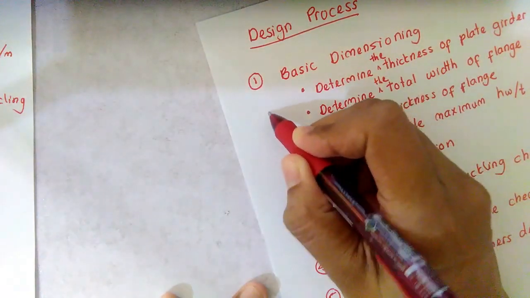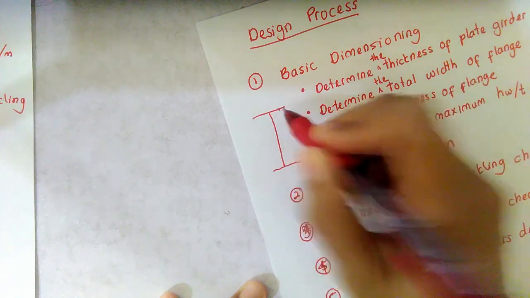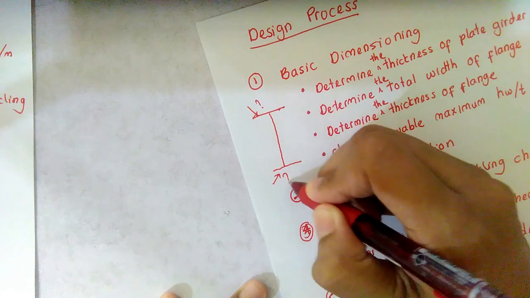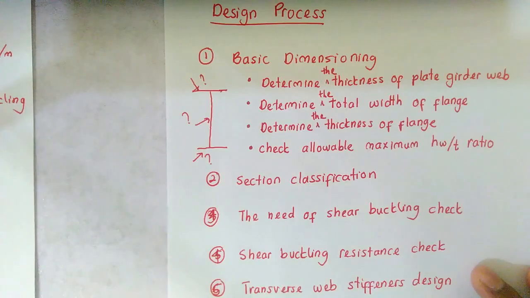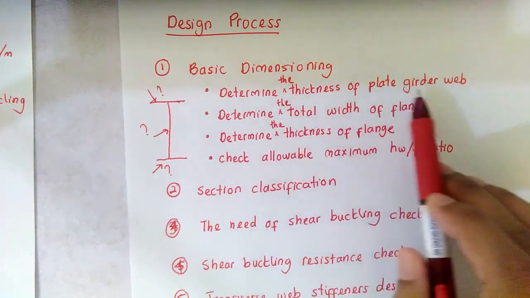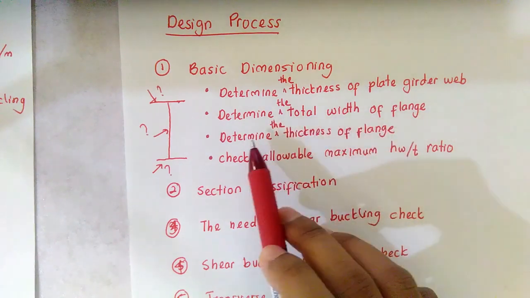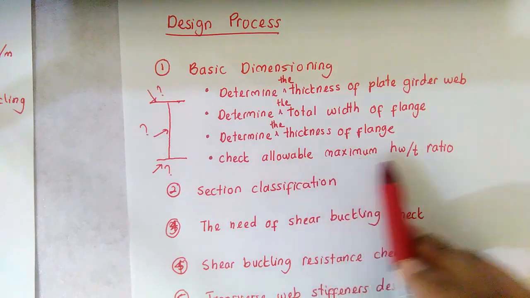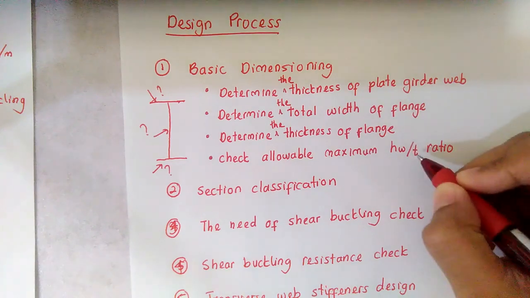So you know that this is your plate girder. You need to come up with the section size for the flange, and the section size for the web. So basically in the plate girder, you need to determine the thickness of the web, determine the total width of the flange, determine the thickness of the flange, and check the allowable maximum hw/tw ratio, which is the slenderness ratio.